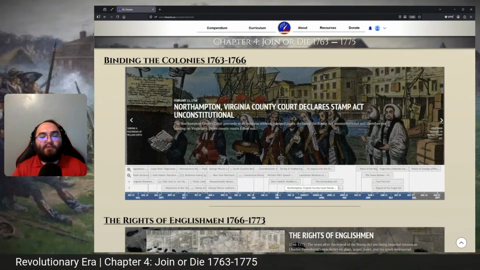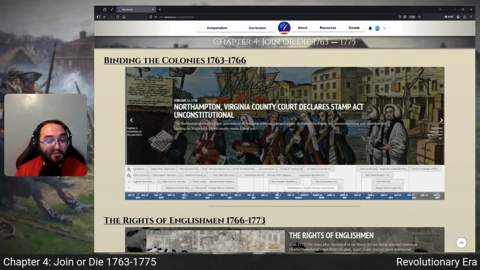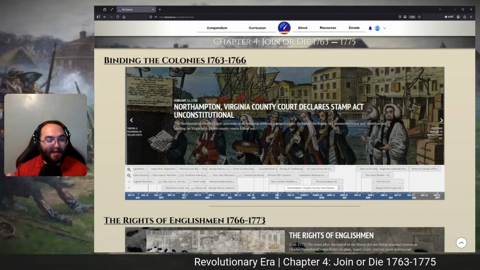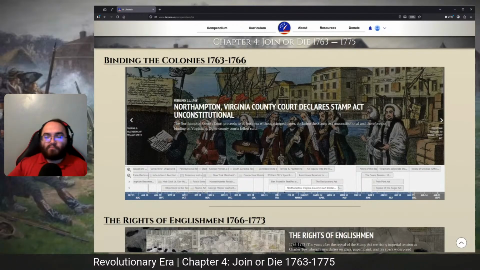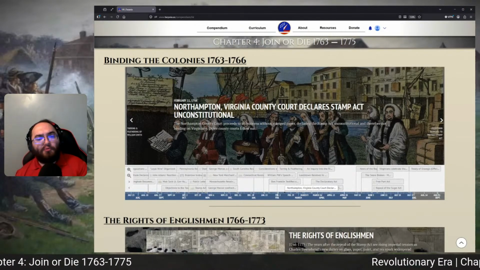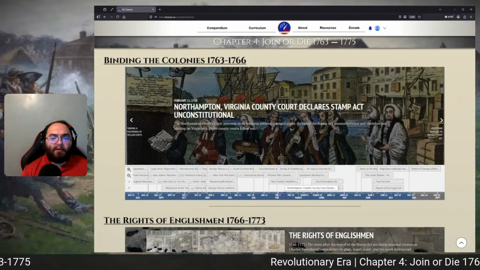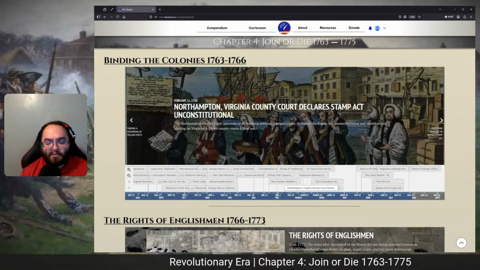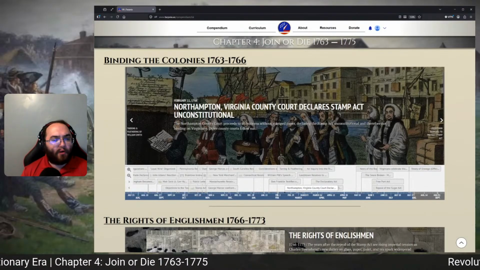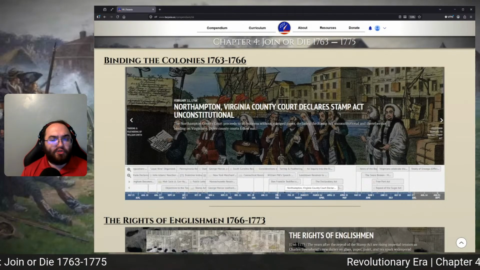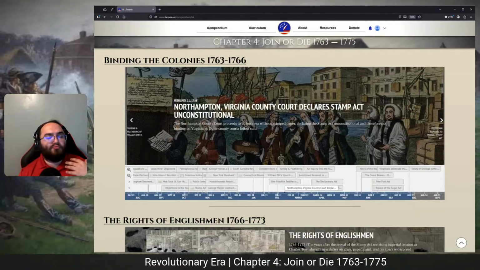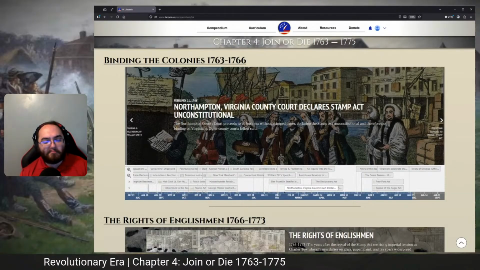Northampton County Court in Virginia declares the Stamp Act unconstitutional. So you have a lot of local effort in order to push back against Parliament. Many times when I hear people, especially YouTube historians, talk about the American Revolution, especially from a class standpoint, they will usually argue that the American Revolution was the rich convincing the poor to fight the British Empire.